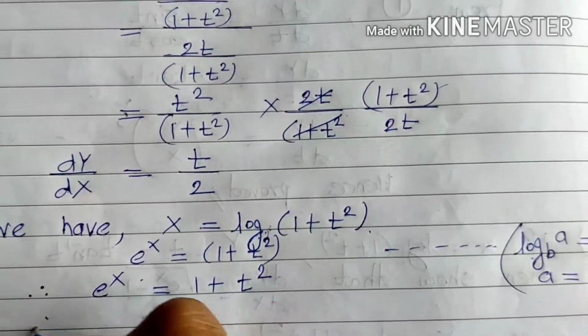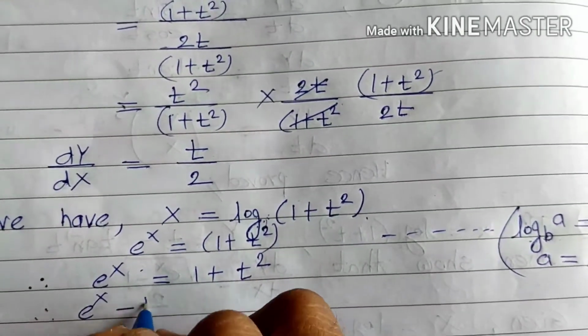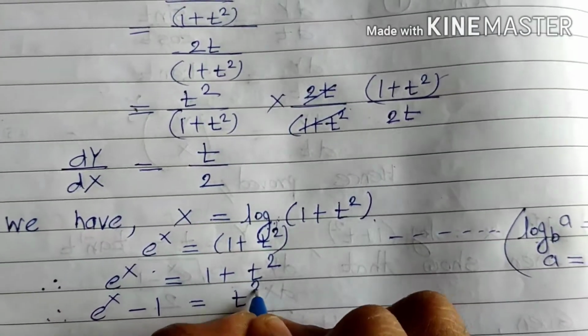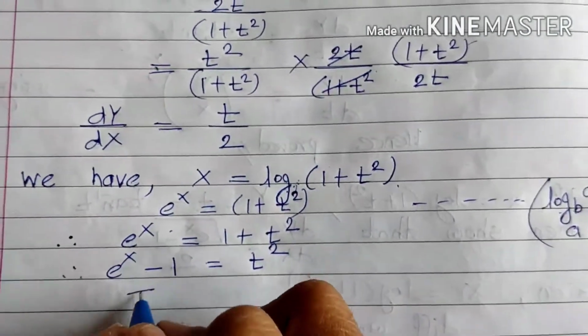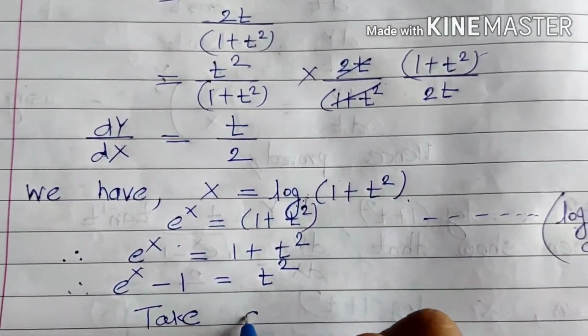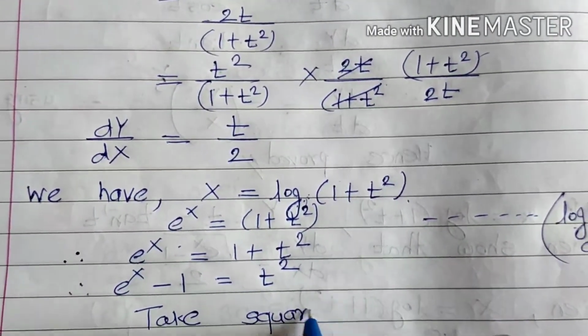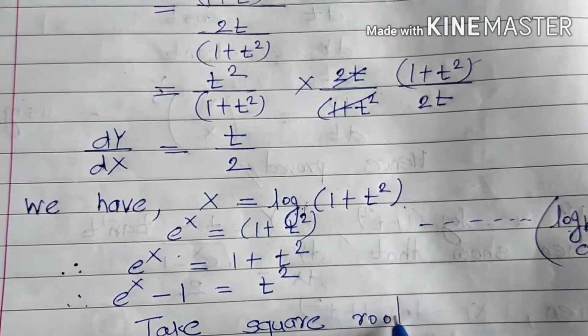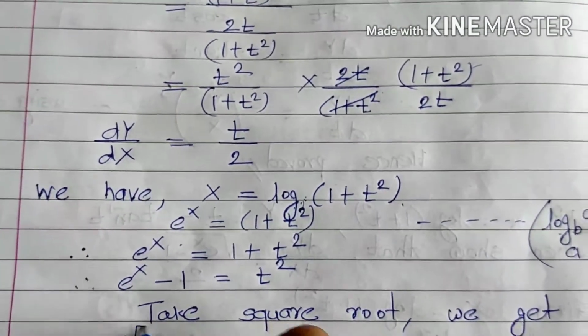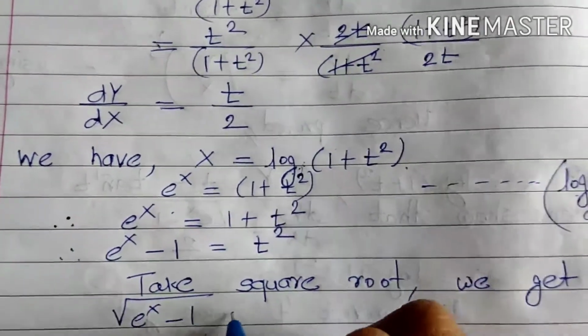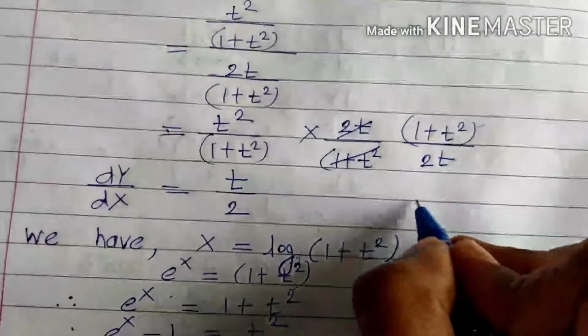This 1 we take to the other side, so it becomes e raised to x minus 1 is equal to t square. But we want only t, that's why we take the square root. Under root of e raised to x minus 1 is equal to t. Give it equation first.